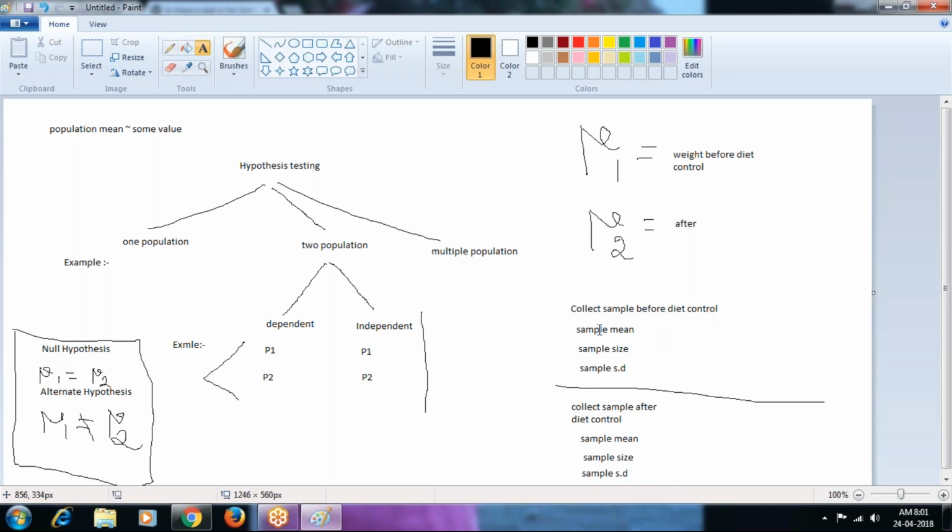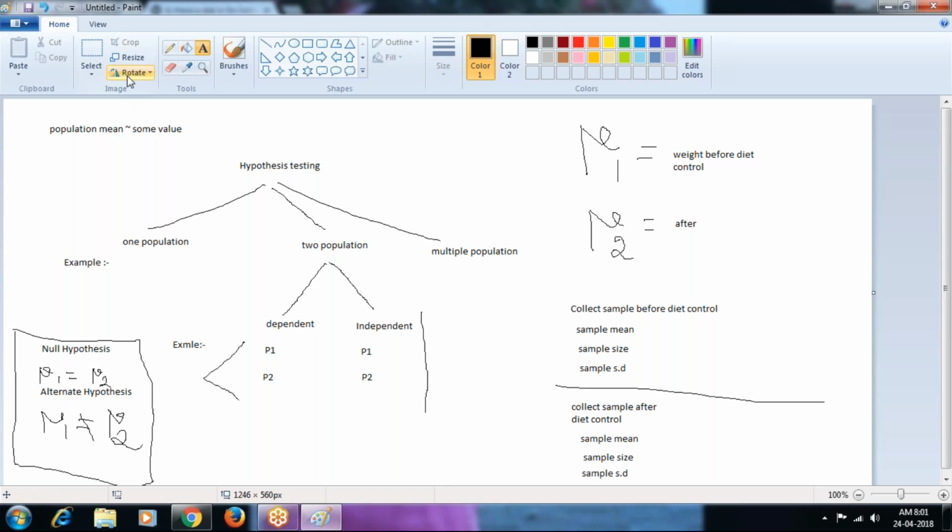After you get this data, I'm going to set up the hypothesis testing. My null hypothesis is mu1 equal to mu2 and the alternate hypothesis is mu1 not equal to mu2.